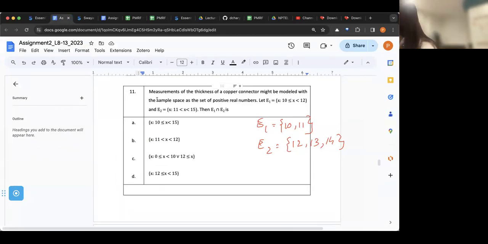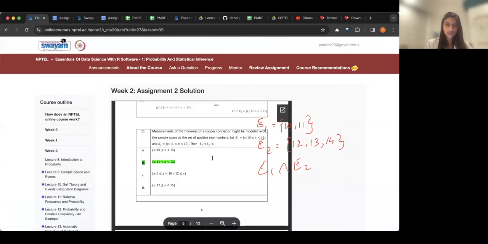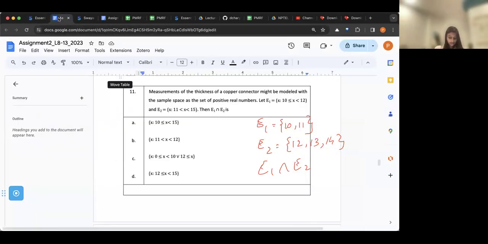So they've asked E1 intersection E2, but there's no common element between E1 and E2 here. Not sure. Okay, yeah, the options are right. So there's no common element between E1 and E2. You can see that, these are mutually exclusive.